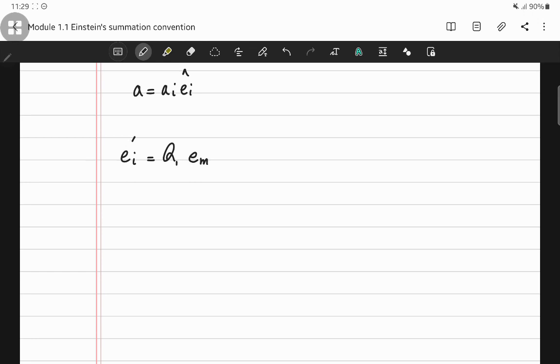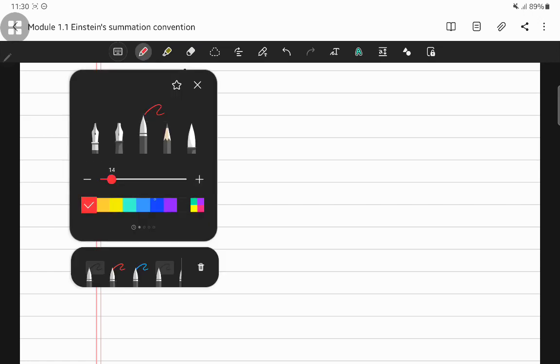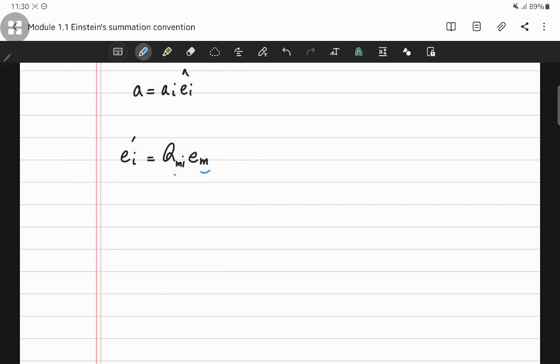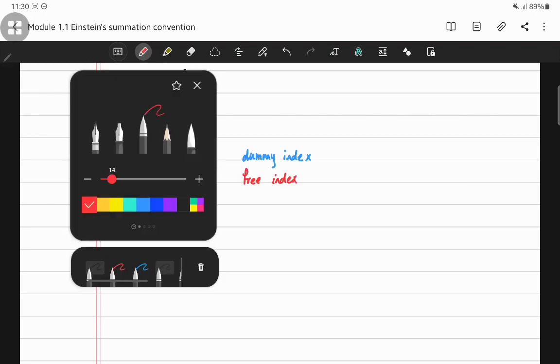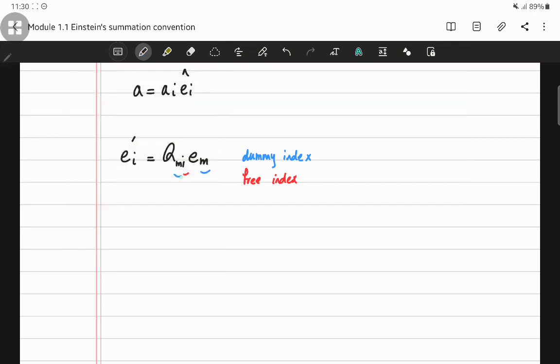So of course you will have something like e'_i equal to q_mi e_m. You will see here that again we have a free index and a dummy index. m is a dummy index, and here we have i as the free index.